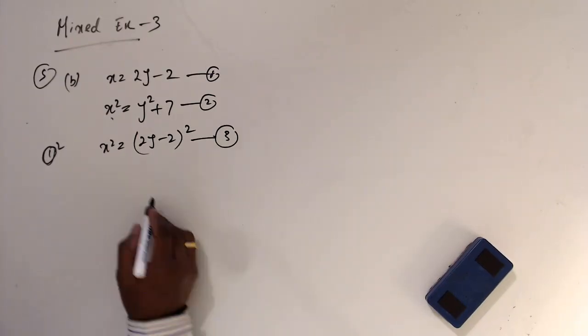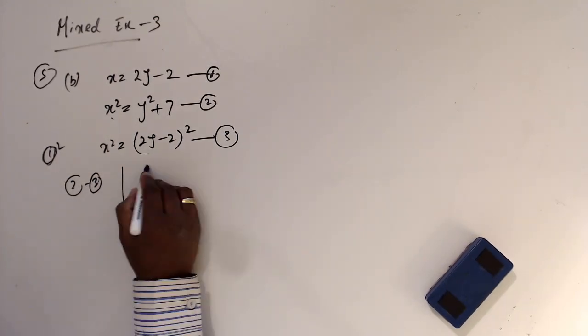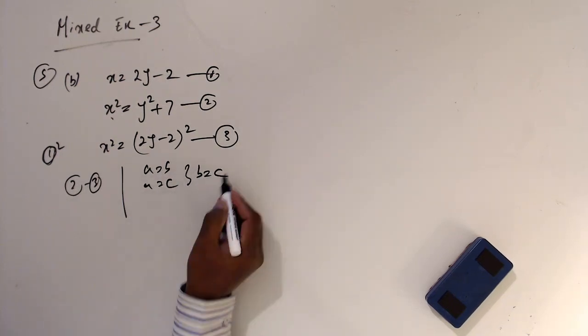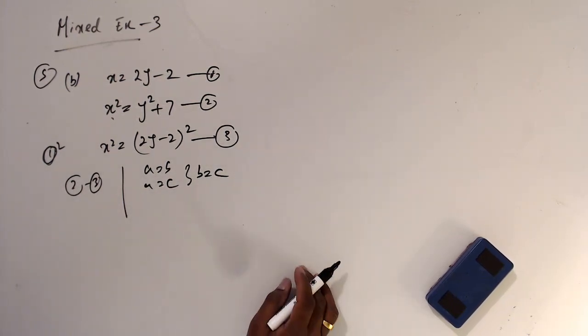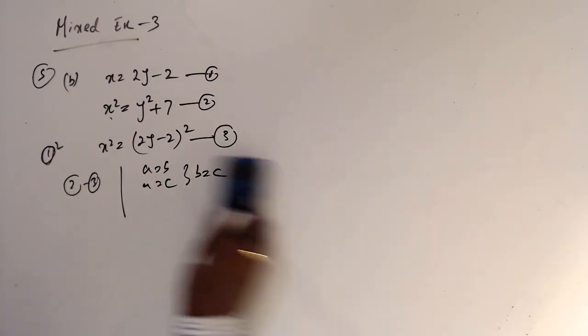Now you can make two arguments: either 2 equals 3, or if a equals b and a equals c, then b equals c. Either one you can apply, so I'll go for this one.